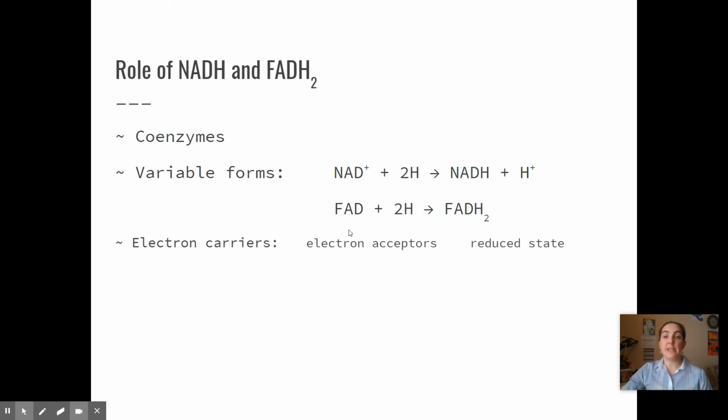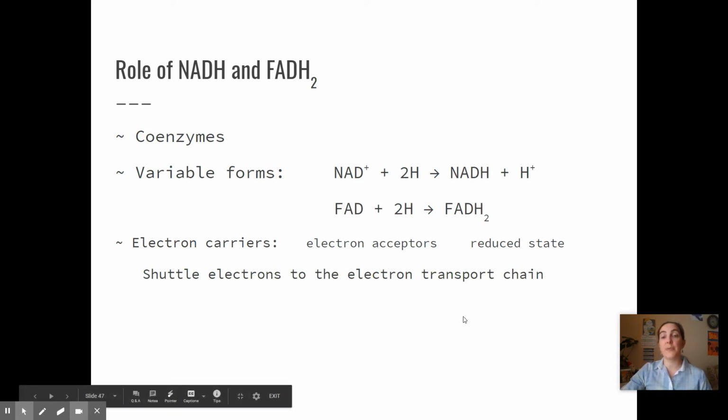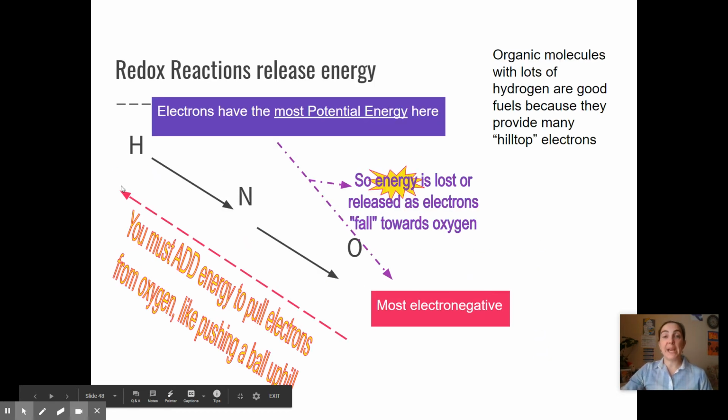The sciencey way to say that is that in this form, they are electron acceptors. This is the reduced state. They have received those electrons attached to hydrogen and can transport them to the next step. So their job is to shuttle electrons from the first two steps to the electron transport chain. We'll come back to that.